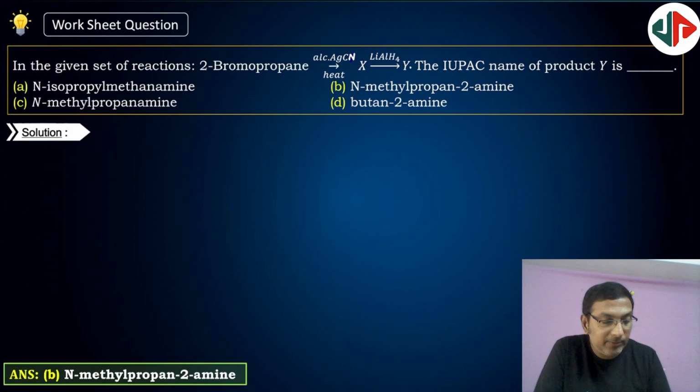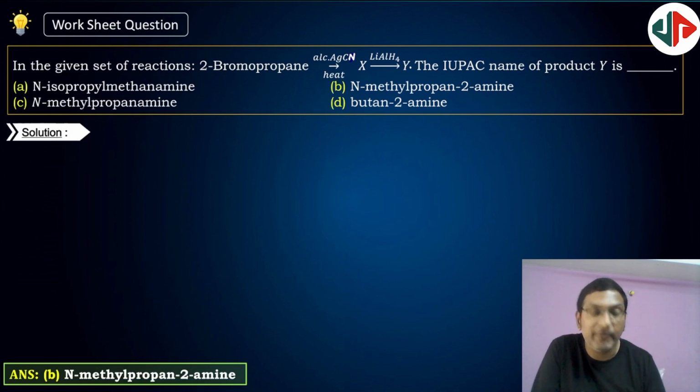In the set of reactions, 2-bromopropane with alcoholic AgCN gives X, X with LiAlH4 gives Y. What is the IUPAC name of Y?